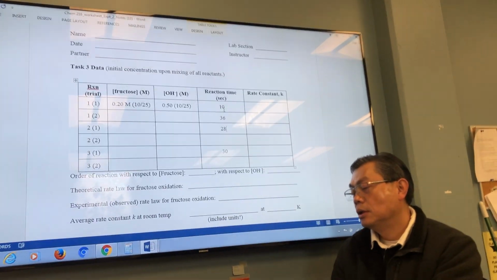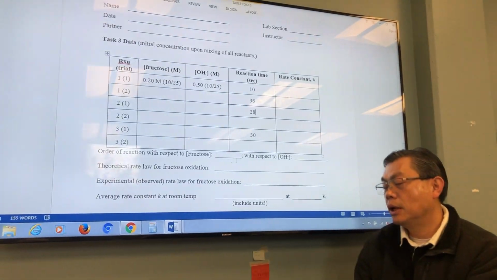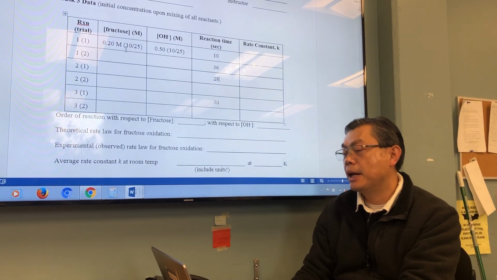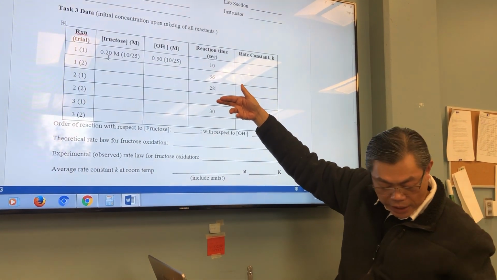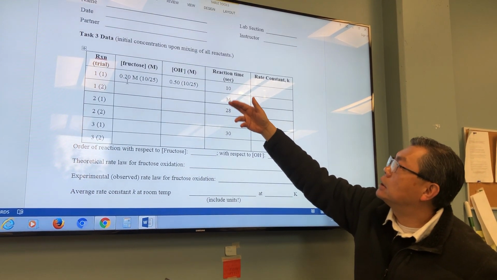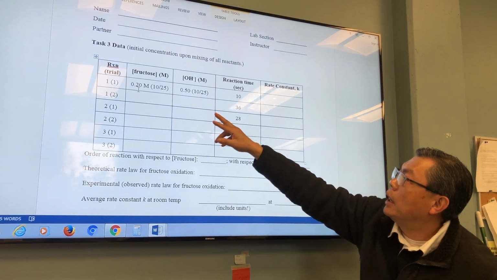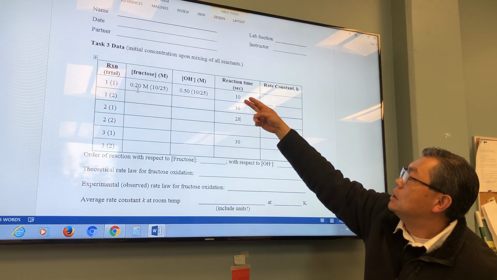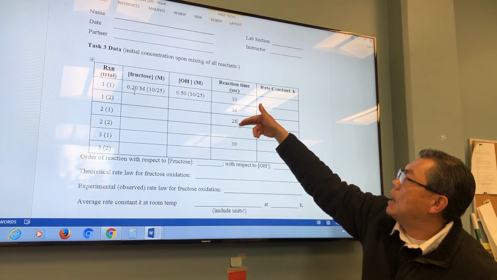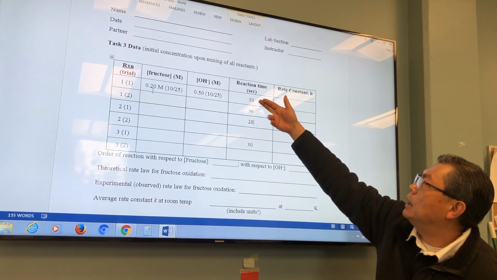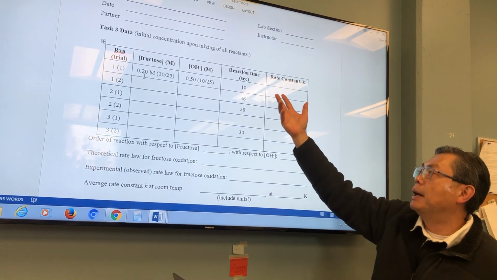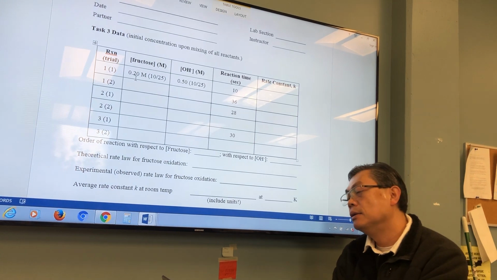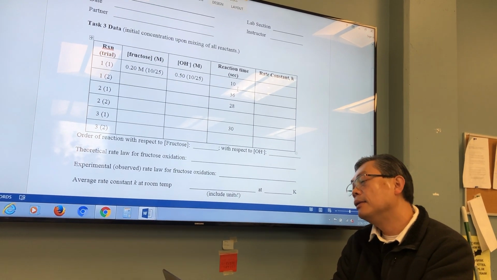Of course, now we want to calculate the reaction order, so we compare between reaction 1 and 2. In reactions 1 and 2, the hydroxide is the same, and the fructose doubles. So the time should be half. So 28 and 10, because it's not quite half. 28 divided by 2 would be 14 seconds, but you have 10.